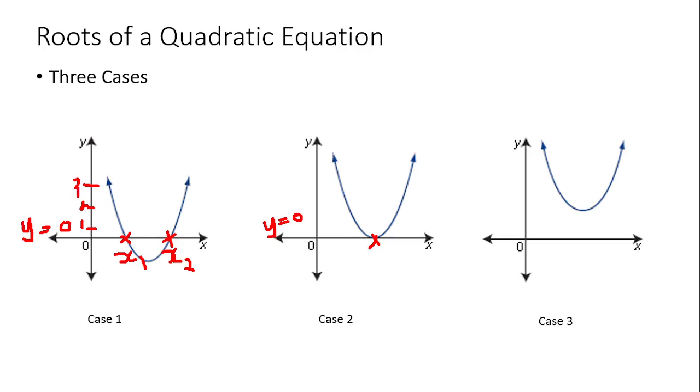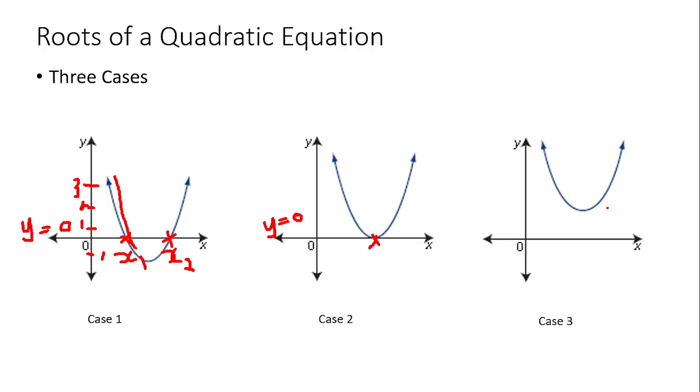From 3 to 1, y becomes 0 here, and then it goes minus 1, minus 2, again minus 1, 0, again 1, 2, 3, 4. So there are 2 values of x for which y is going to become 0, whereas in this case the y will become 0 only at 1 point.